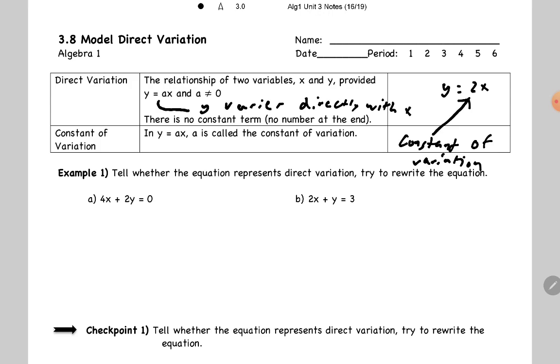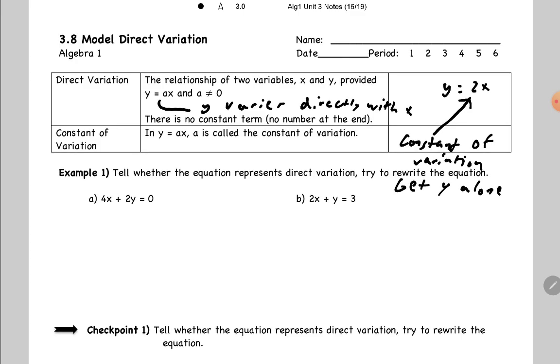Example 1: tell whether the equation represents direct variation. Try to rewrite the equation, so we need to get y alone. Right now, none of these look like direct variation, y equals ax. So let's see if we can make them look like it.